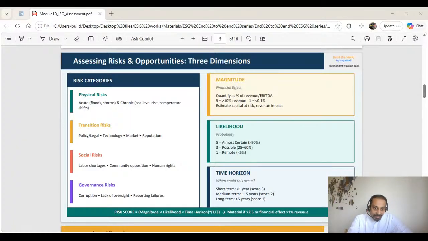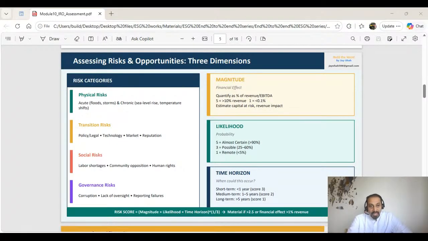Dimension 2 is likelihood. Likelihood for risk and opportunity works similarly to likelihood for impact. You are assessing a probability on a 5-point scale from remote to almost certain. The third dimension is time horizon.